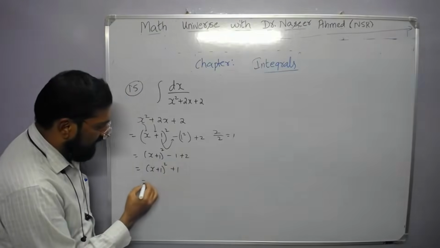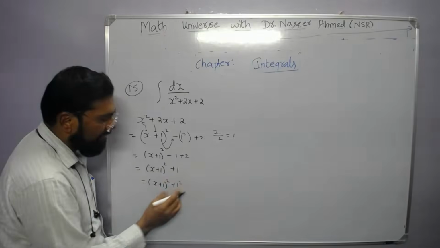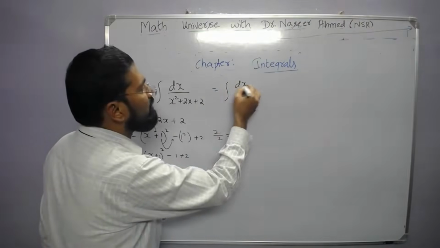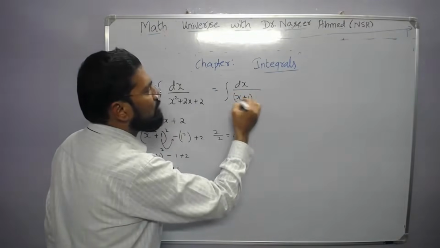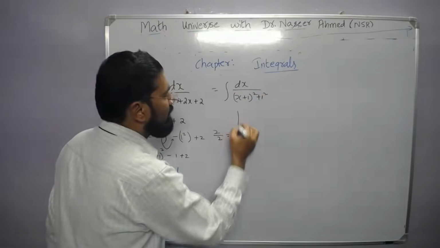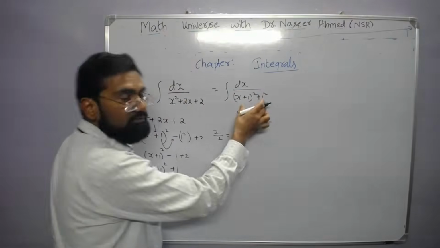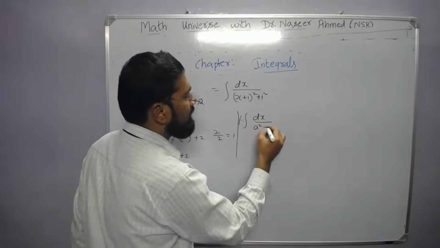I can write this as x plus 1 the whole square plus 1 square. I wrote both in square form so that when I substitute, this entire expression will be x plus 1 the whole square plus 1 square. This is of the form without the root. Both variable and constant are positive squares, nothing but a square plus x square.